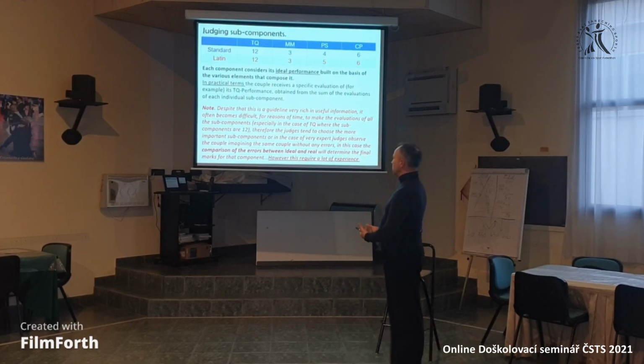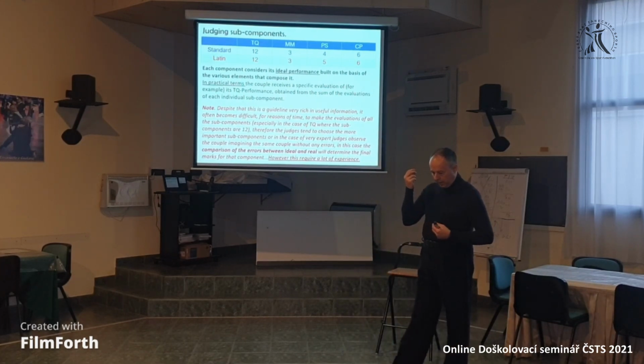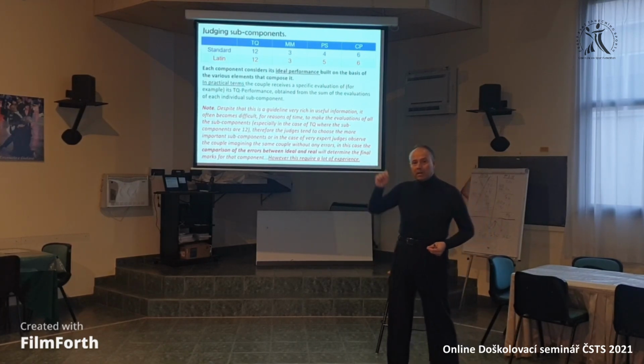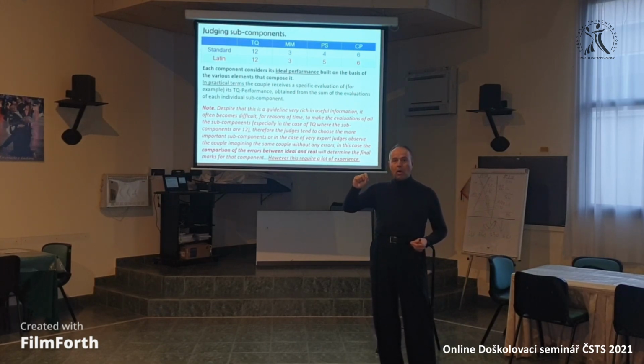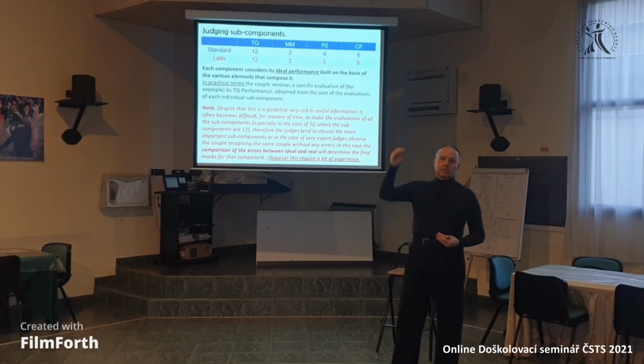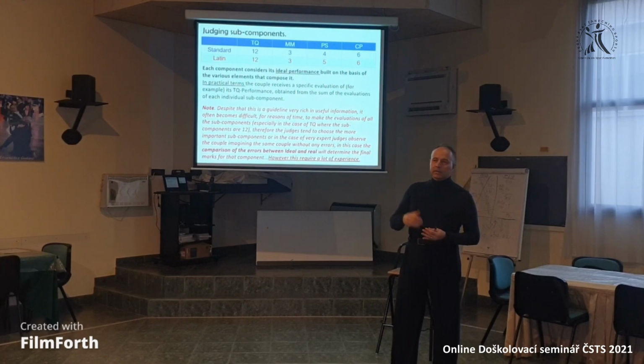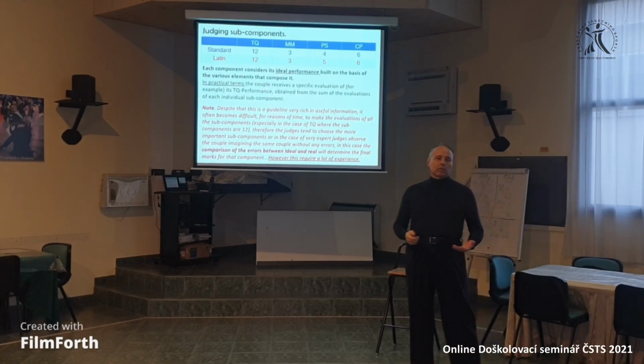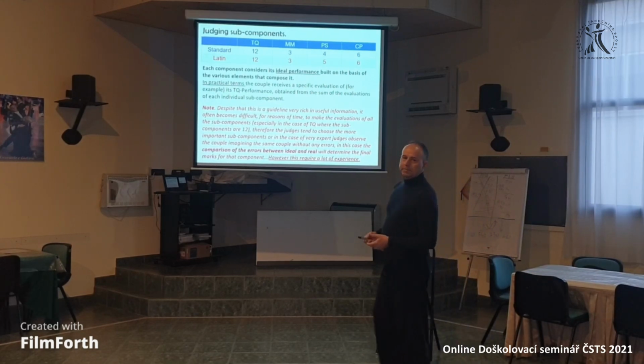Of course, this ideal couple has no errors, the real one has some errors. The comparison between the errors of the real couple and the no error of the ideal one creates the ranking, the ideal marks. Of course, this requires a lot of experience, so it's not super easy.